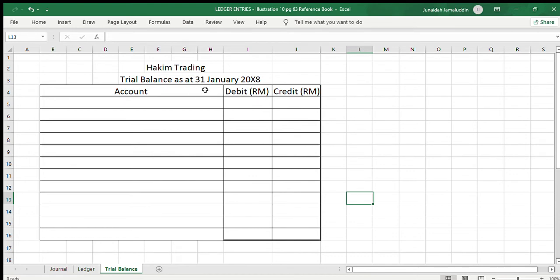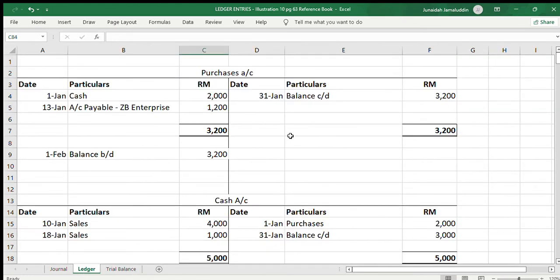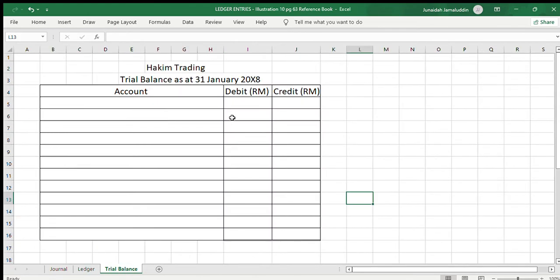In this case, we prepare the trial balance at the end of the month of January, right? Since we made the ledger entries for the month of January, so the trial balance is prepared at the end of January.